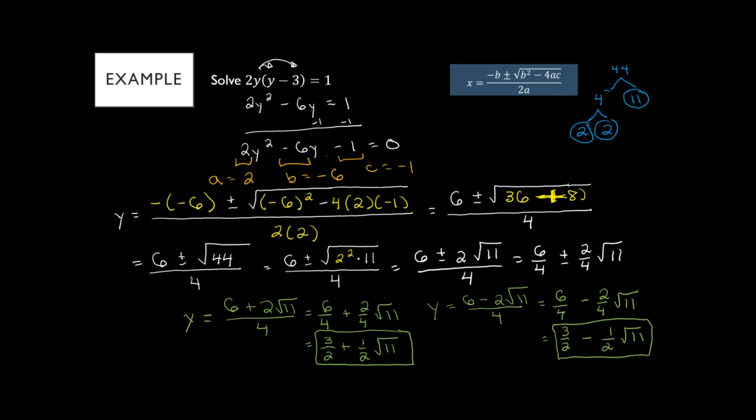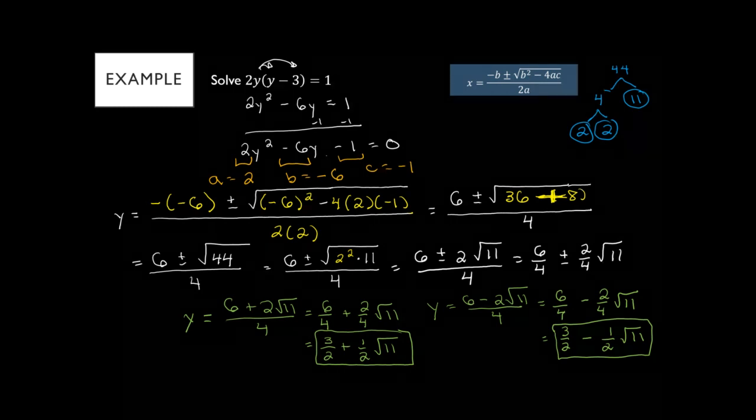I could have split it up before making the two equations, with that plus or minus, and then reduced them and then done the two equations. It's kind of up to you which way you want to do it. I always make my two equations once I simplify the square root. So that's just what I did here, because that's just the order that I always do things. Are there questions?